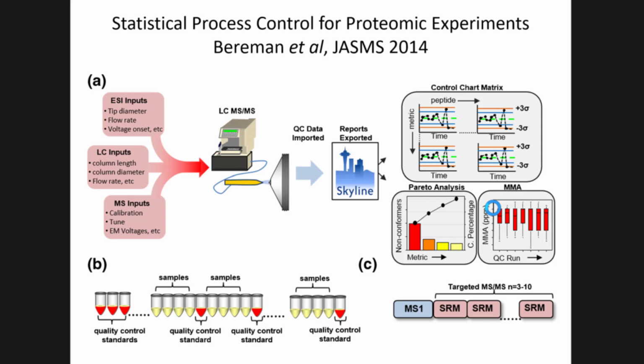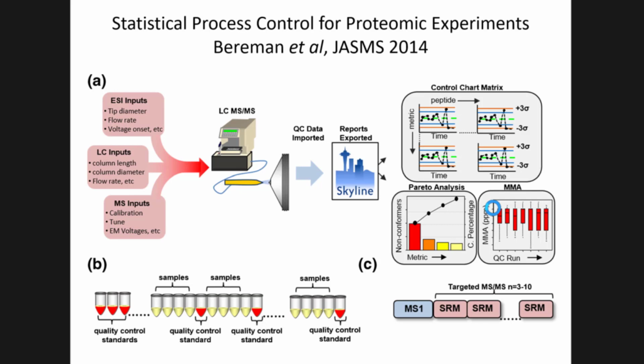So the idea is you run your samples and process the data in Skyline, and Skyline will generate these control charts for the different metrics, whether it's retention time or peak area or full width half max. It'll give you the mean of the data and then set up two confidence intervals, I think based on 2 and 3 standard deviations.